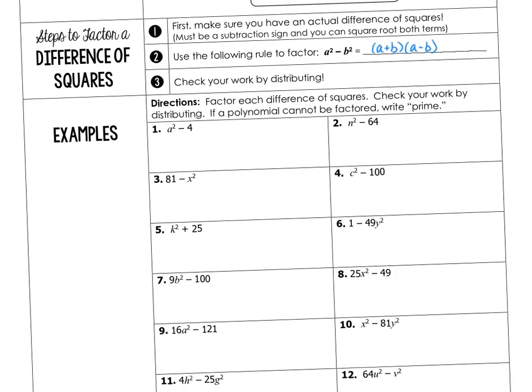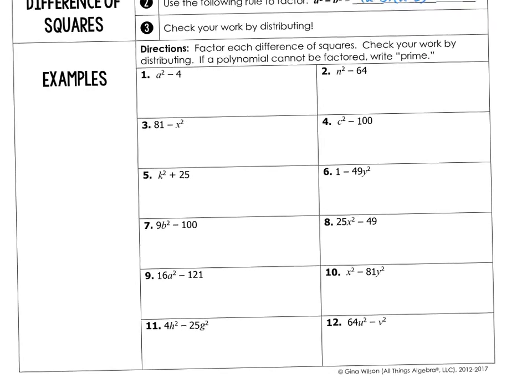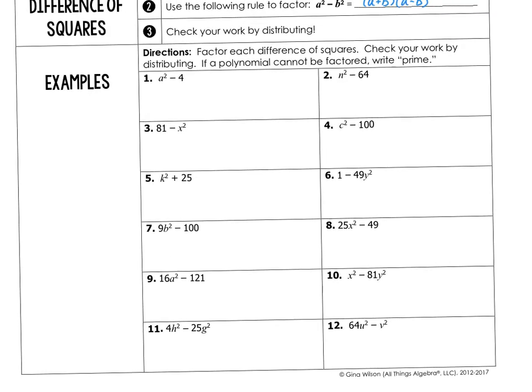Now, let's look at some of the practices that you've done here. First of all, look at number 5. When we talk about difference of squares, if it's the sum of squares, this doesn't work. There's no way to do this because this is a sum of squares, not a difference of squares. Okay? Now, what is difference of squares?